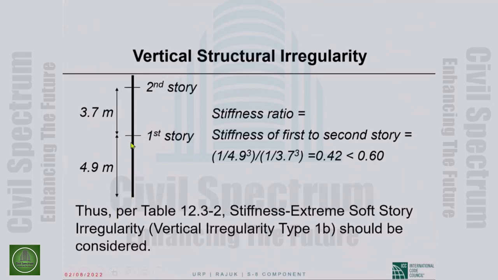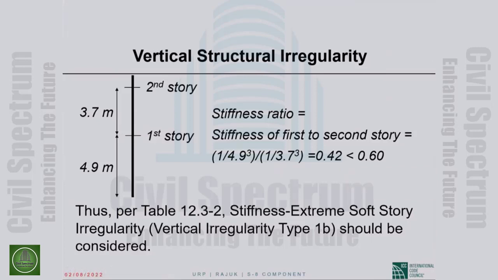So the bottom story 4.9 meters, the next story 3.7 meters. So the stiffness ratio is 1 over 4.9 cubed and 1 over 3.7 meters cubed. And that is 0.42. And that being less than 0.6, we have an extreme irregularity type 1B.